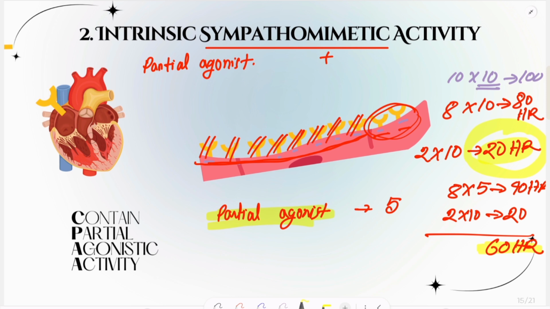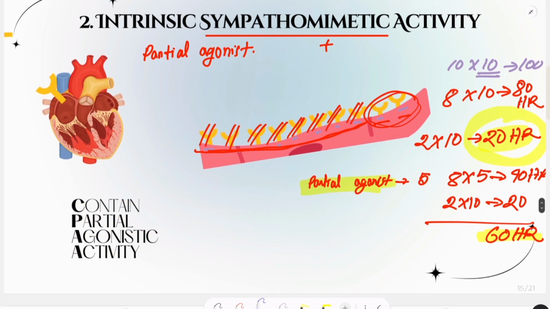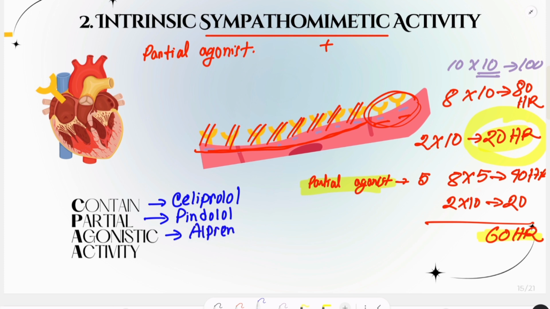And the drugs having intrinsic sympathomimetic activity have the mnemonic "C-PAA-C" containing partial agonistic activity. C stands for celiprolol, P stands for pindolol, A stands for alprenolol, and AC stands for acebutolol.